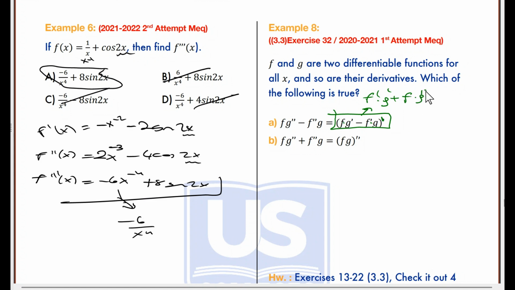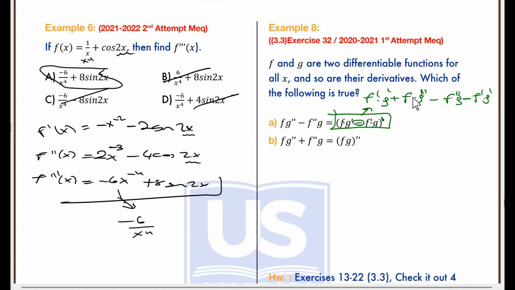Now it's g double prime, minus derivative of first, f double prime, times second. It was plus because there's minus in front. When you distribute it, it becomes minus. First times derivative of second, g prime.